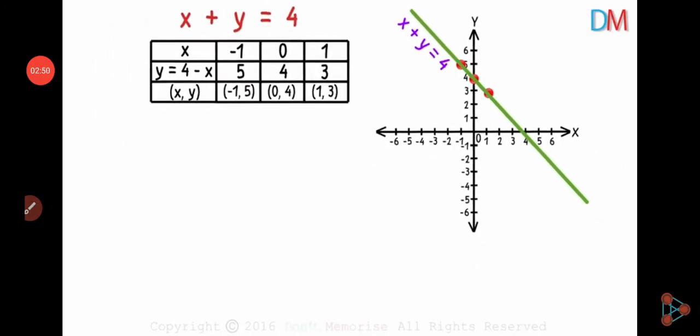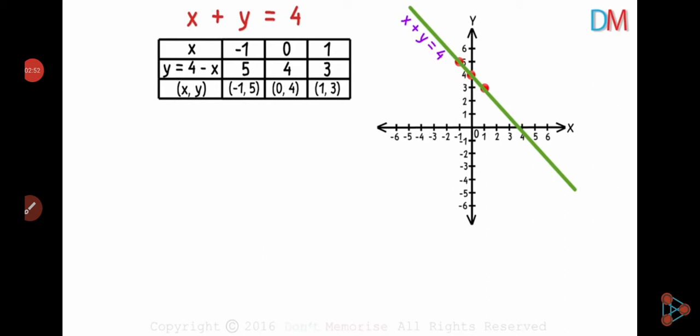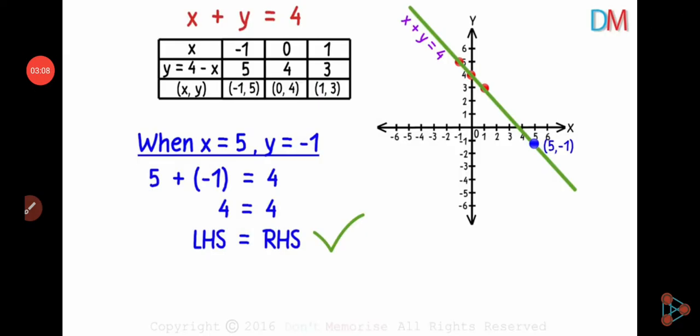And see, if the equation is linear, then your graph is always linear. See here, the graph is a straight line. All the points are in a straight line, and there are so many solutions. Now if I take x is equal to 5, then y is equal to minus 1, and it is also on the straight line.